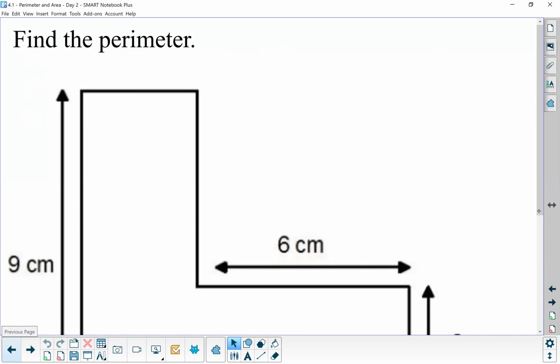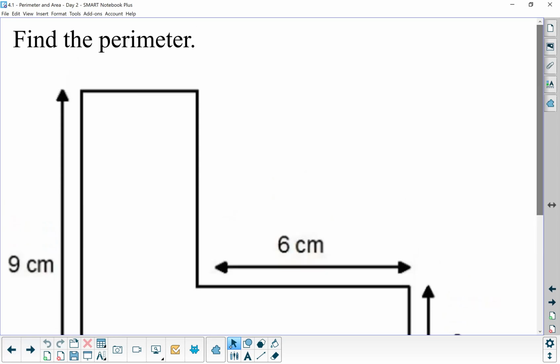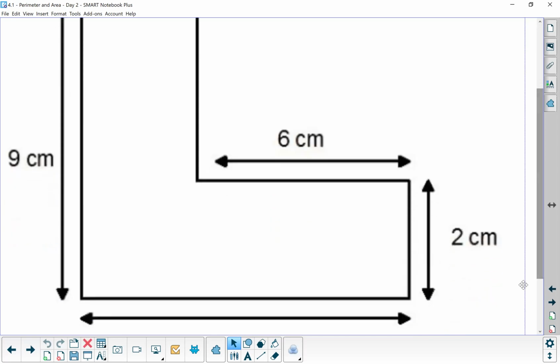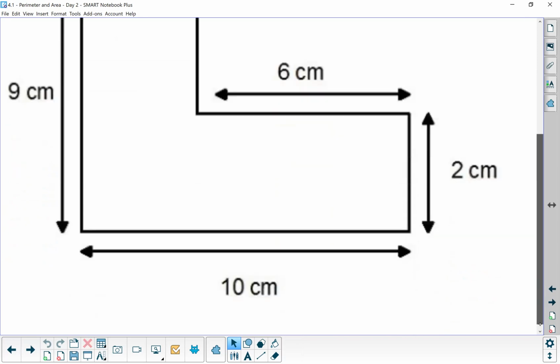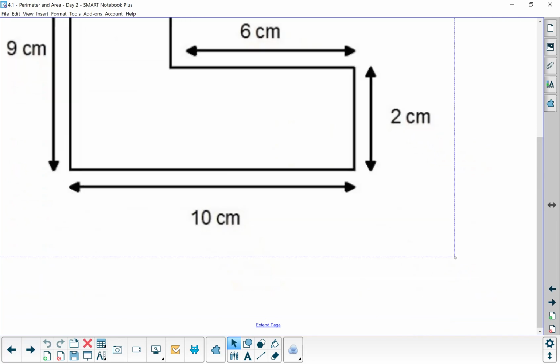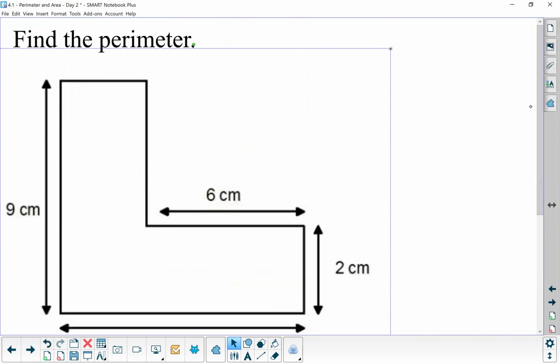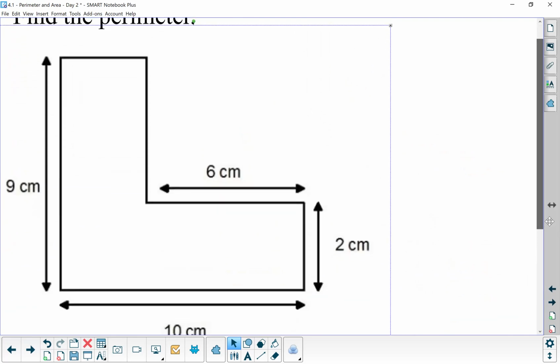Here we have this kind of L-shaped piece. Easier when I get it all on one screen. We want to find the perimeter, and we've got these two missing side lengths here.